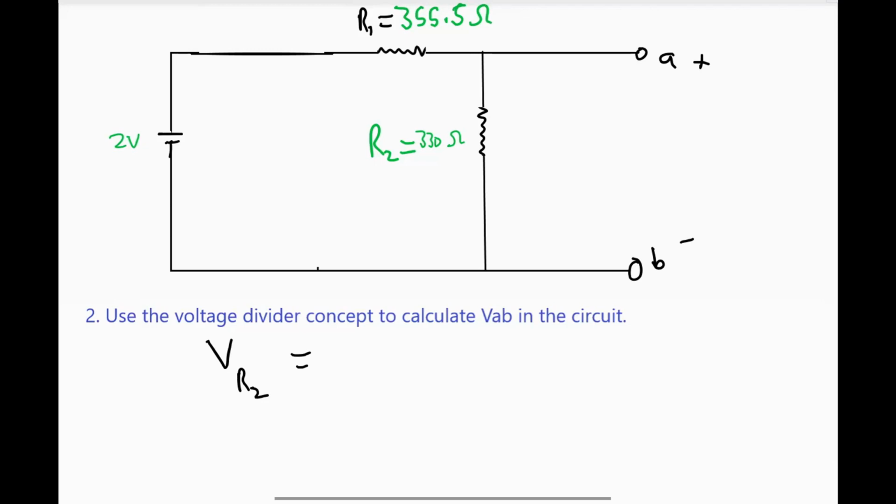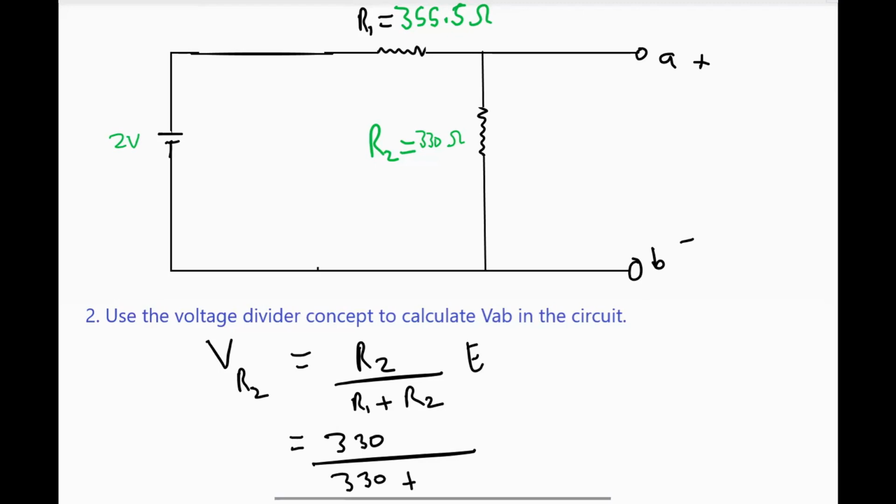This will be equal to R2 over R1 plus R2 times the EMF, which is 2 volts. So calculating this, I have 330 over 330 plus 355.53 times 2 volts. This gives me 0.963 volts. So this is also equal to the Thevenin voltage.